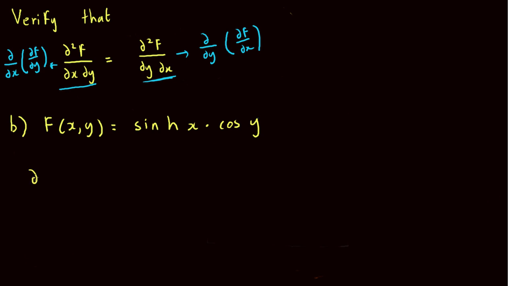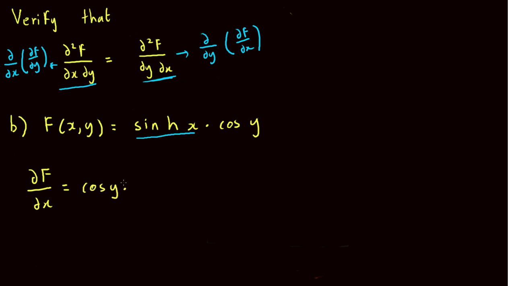So we're going to find del f del x. Since we're only interested in the hyperbolic sine, we need to differentiate that. The cosine will just be a constant, so it'll just be cos y.